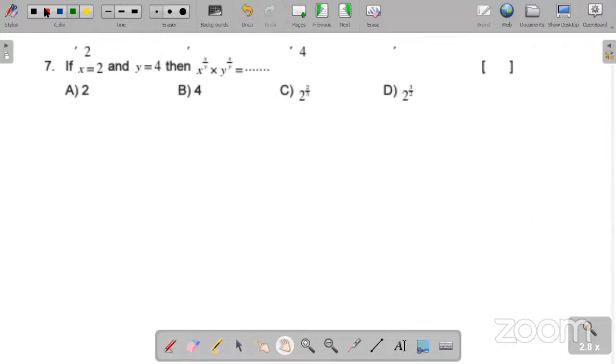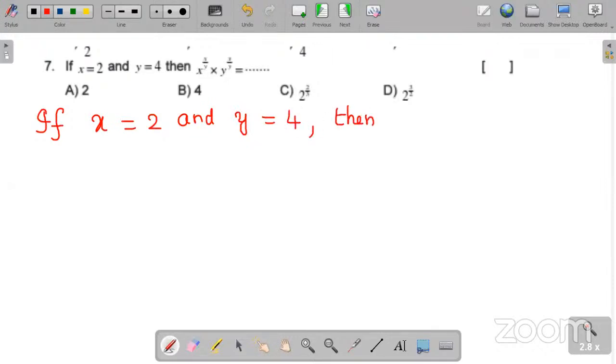See, if x is equal to 2 and y is equal to 4, then x to the power of x upon y multiplied with y to the power of x upon y equals how much? This is the question.